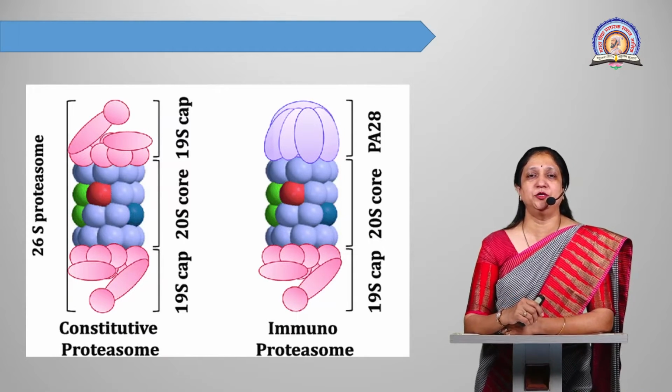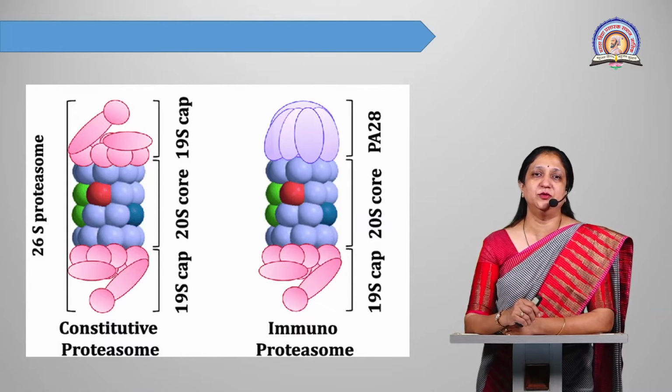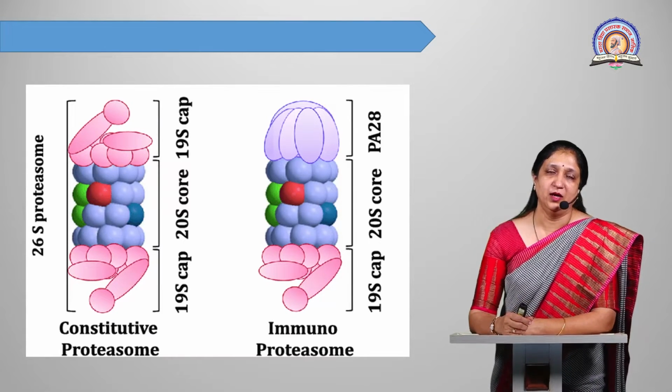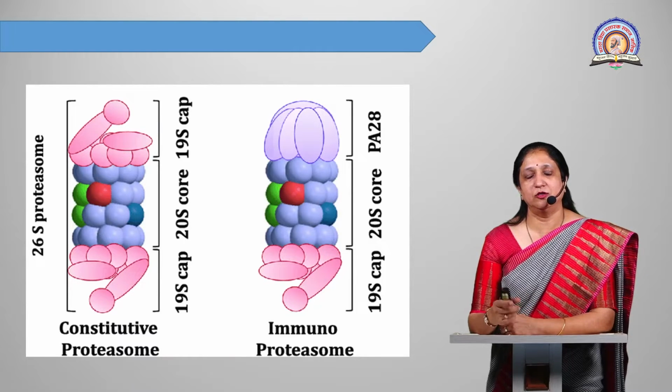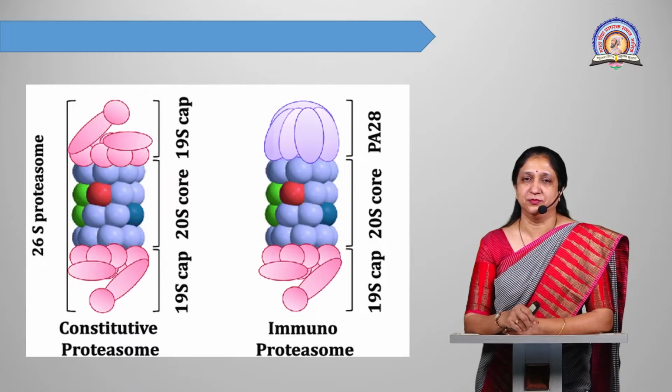While the immunoproteasome has a variant that is present, which is referred to as the PA28 variant. This PA28 variant that is present on one end of the 20S core allows the antigenic proteins to enter inside the immunoproteasome.